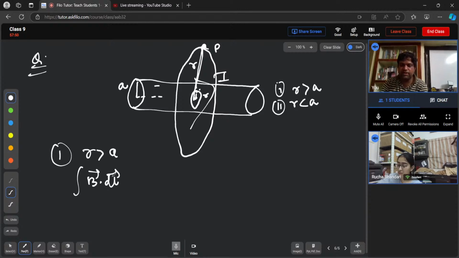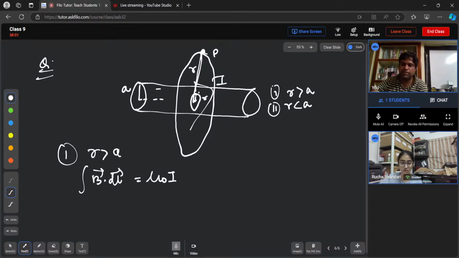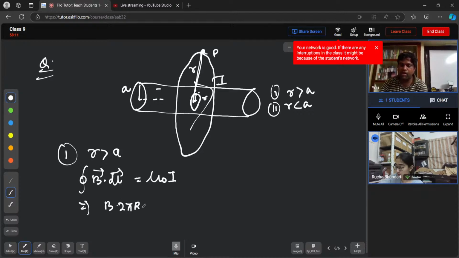So the integration of B dl is mu naught I. The B dl integration for a closed loop is B into 2 pi r, equal to mu naught I, or say B equal to mu naught I by 2 pi r.